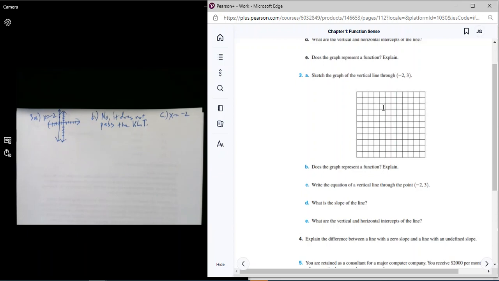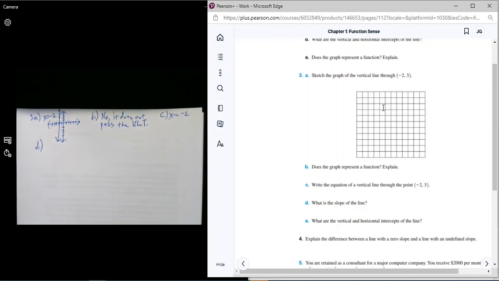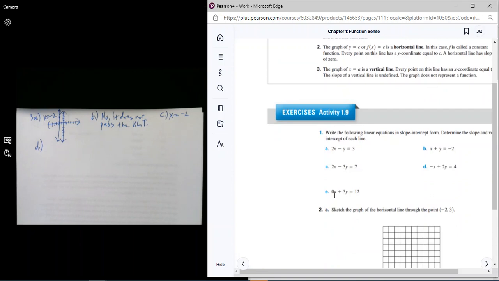All right. So now we come to D. D, it says, what is the slope of the line? Now, remember in our previous problem on page, let me go back here. When we did E here for 1E, you notice here our slope was 0.